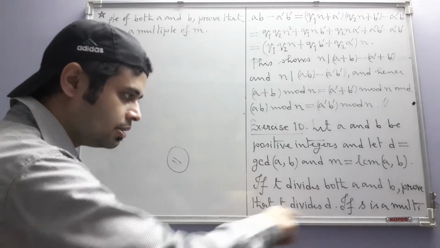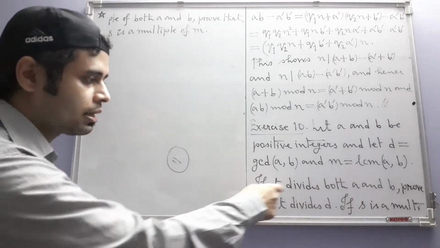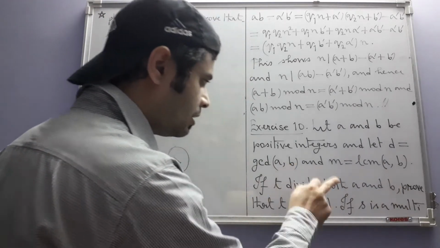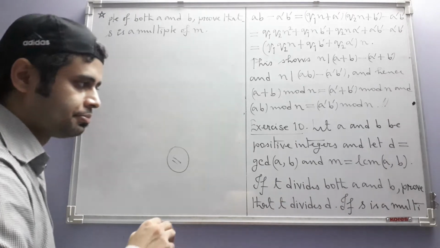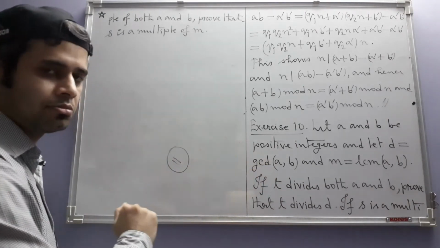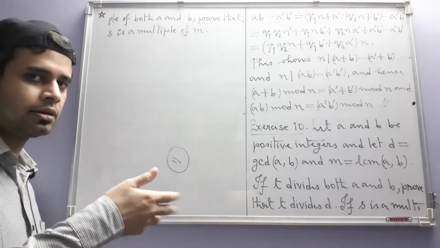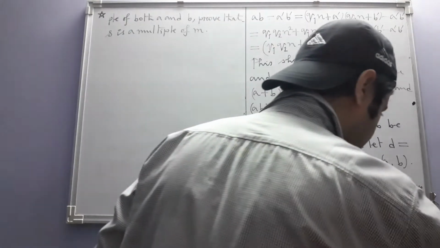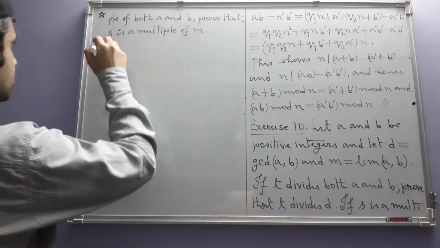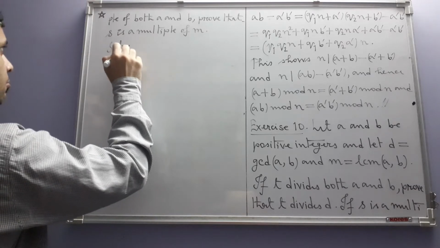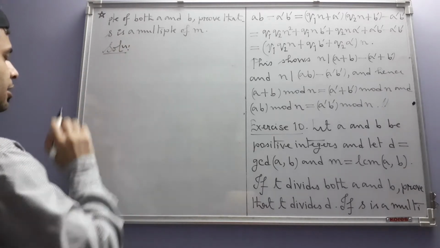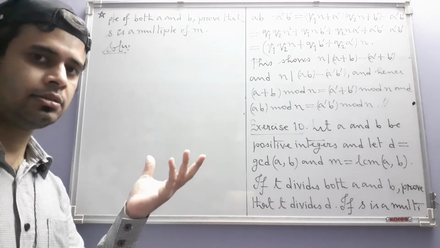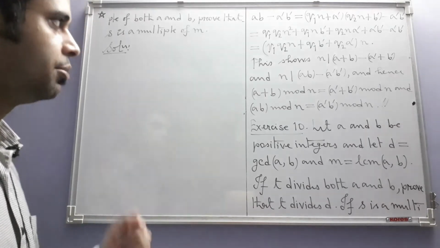If someone uses this new condition as the definition of GCD, one can then prove that the number D that one will get turns out to be the greatest common divisor in our sense. That is, it is the greatest among all common divisors. Okay, so let us now try to show this. It does not matter which definition you use. Ultimately, what matters is that result, which says that the GCD can be written as a linear combination.